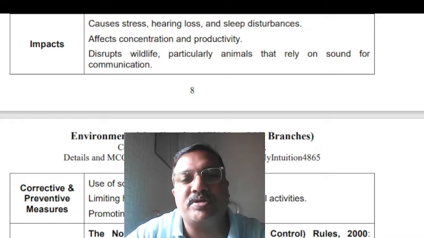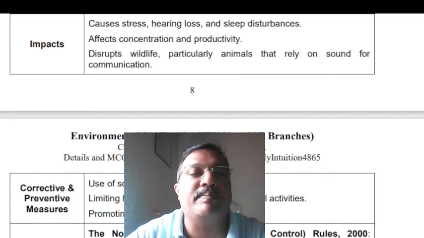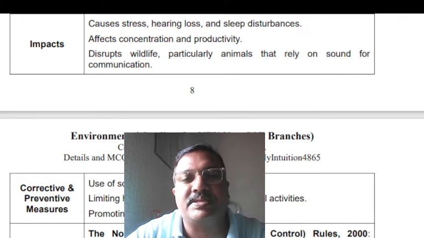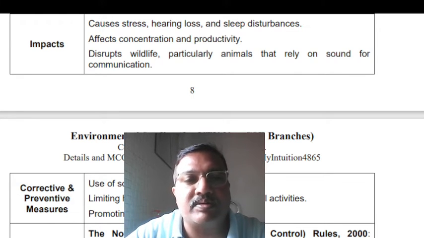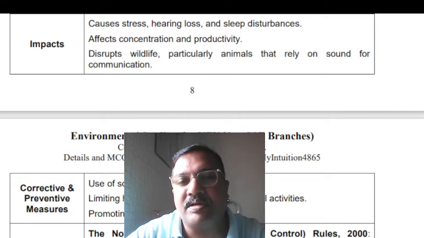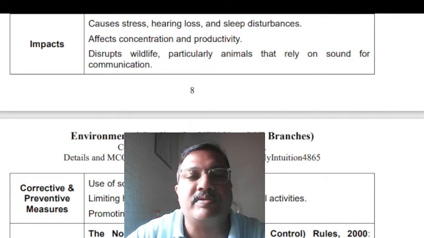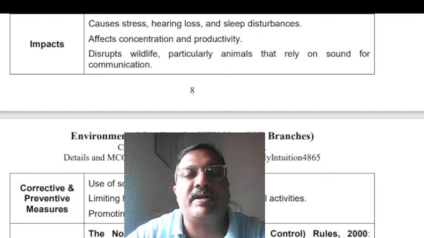Hearing loss: long exposure to loud sounds can damage hearing permanently. Sleep disturbances: noise disturbs sleep, leading to tiredness and health problems. It reduces concentration: loud noise makes it very difficult to focus on work or studies, and in workplaces, noise affects how well people can perform tasks.